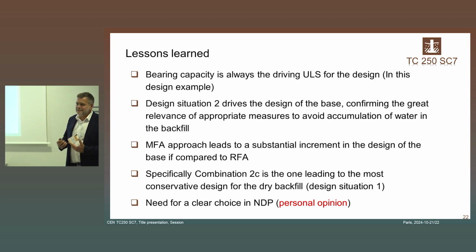In my opinion, this means that we need to pay a lot of attention to nationally determined parameters in the national annexes, because it is important to have a specific choice on the path that we can follow between the material factor approach and the resistance factor approach, to avoid ambiguities.